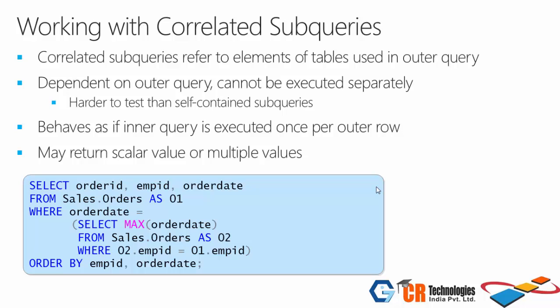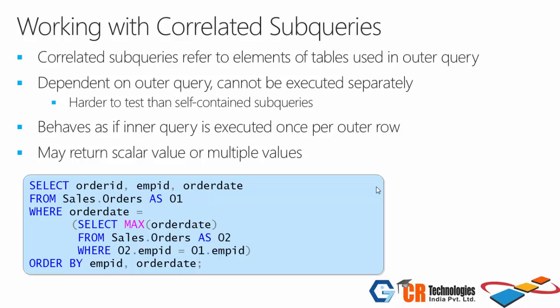Where order date is equal to, this predicate is used to evaluate the outer rows against the result of the inner rows. And the select max order date column returned by the inner query aggregates the function and returns a scalar value. The from sales.orders as O2 sources the table for the inner query.